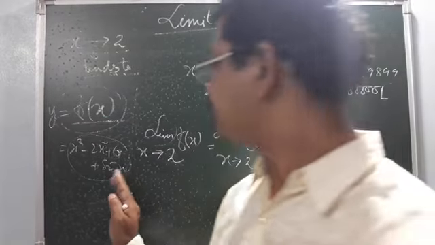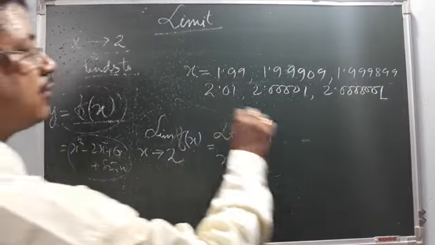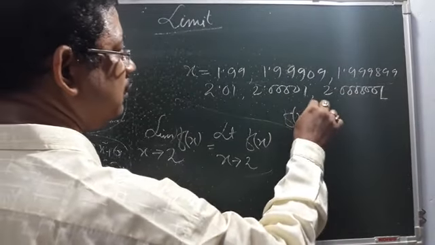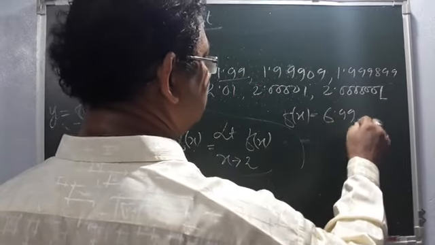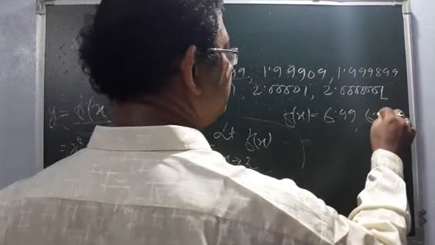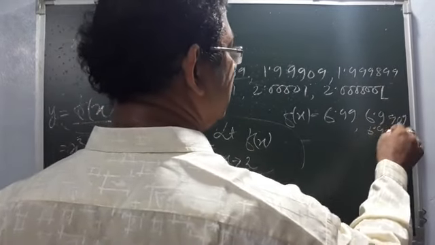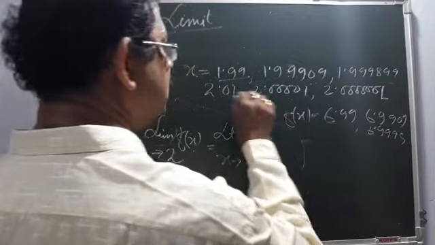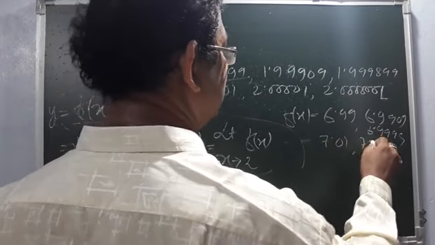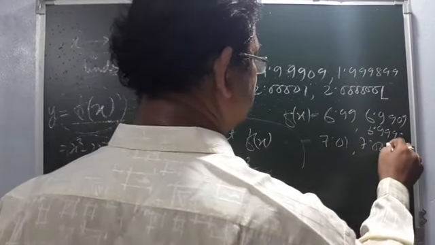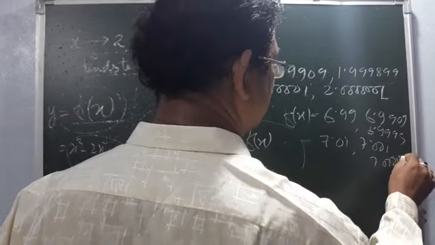Now as x approaches some values, then Fx... suppose for this value x is 6.99, for these values 6.9909, for these values 6.99999, for these values suppose it is 7.01, for that value 7.001.